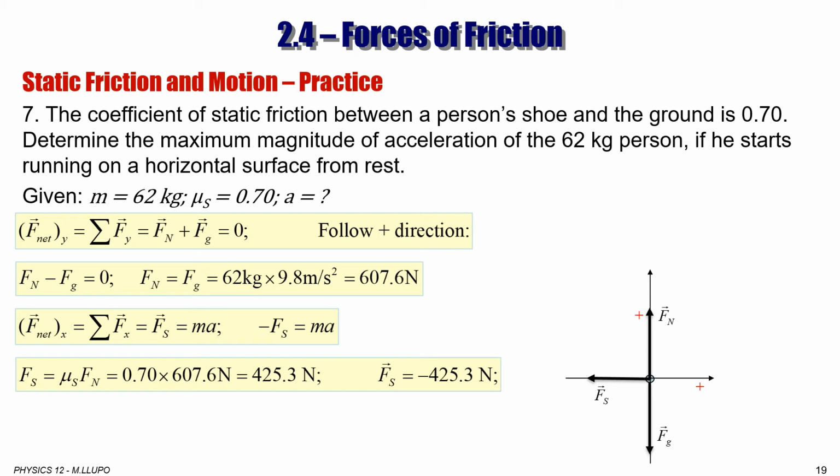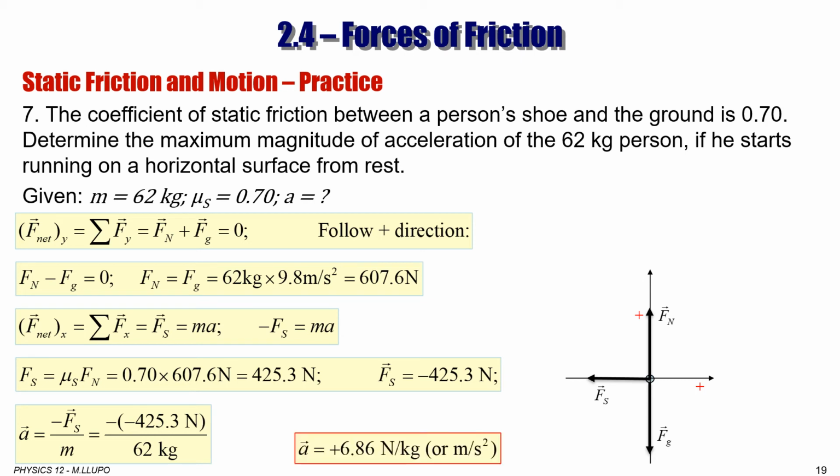So that is minus 425.3 divided by 62 kilogram. That is plus 6.86 Newton per kilogram, or meter per second square. So that is exactly what we expect. We expect it to be positive because acceleration is in that direction. We push it backward, so the acceleration is going to be forward.